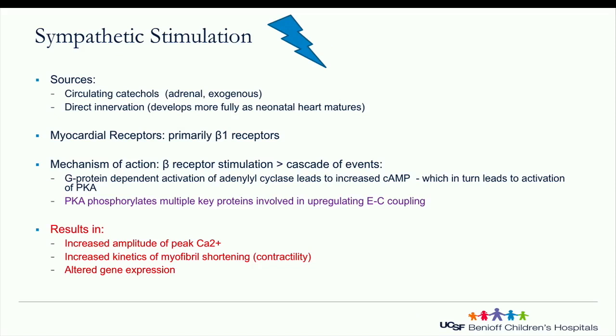Through beta receptor activation and a G protein-mediated pathway, this is going to lead to increase in cyclic AMP and activation of protein kinase, which is going to serve to phosphorylate and upregulate many of the proteins involved in excitation-contraction coupling, resulting in an increase in the amplitude and peak of intracellular calcium, and an increase in the force generation. It will also serve to upregulate gene expression of the key proteins involved.